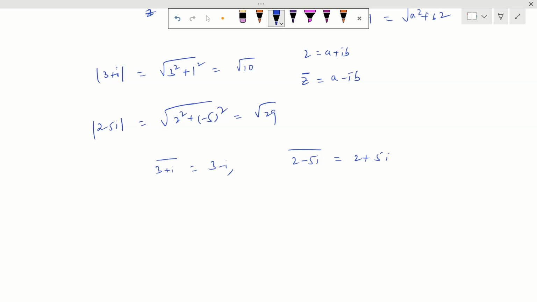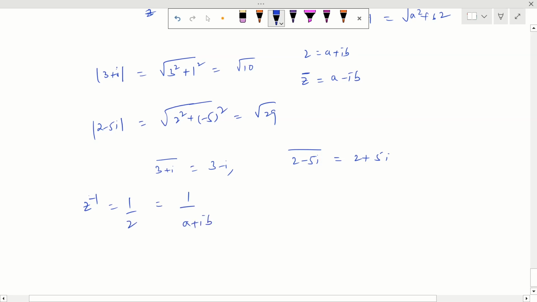Now we'll find the value of the inverse of a number. So z inverse is what? 1 by z. So 1 by z is 1 by a plus ib. I am multiplying in both numerator and denominator by a minus ib.